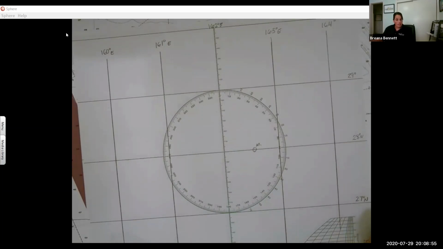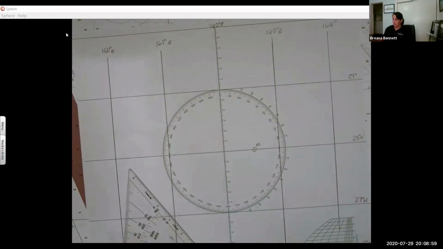Okay, then my next step is to plot my ZN, which is 135.